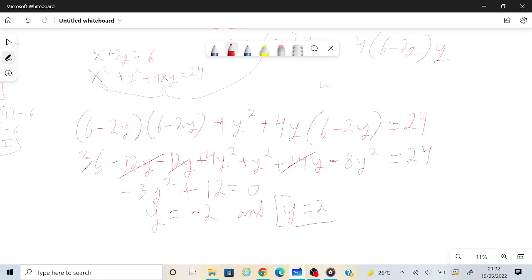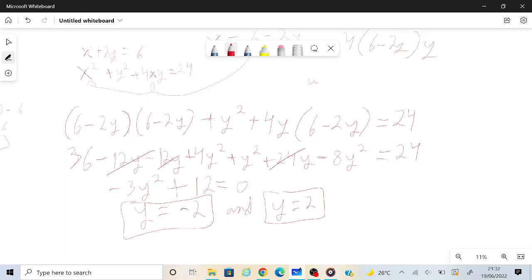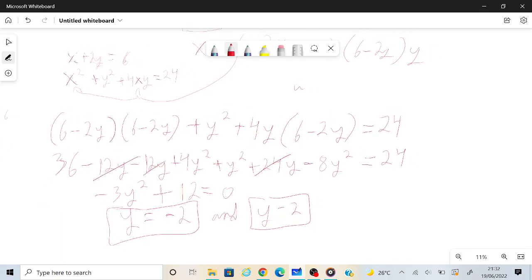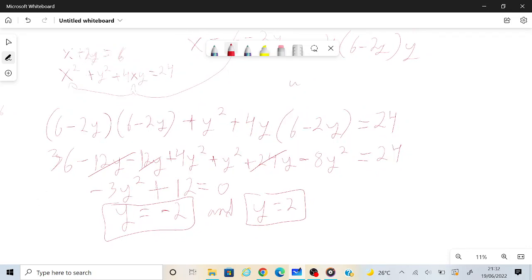Of course, using the calculator for this method, you need to confirm with your exam board if you are allowed a calculator. If you're not allowed a calculator during the exam, then you should know how to do it by the factorizing method. Since we have two values of y, we should have two corresponding values of x.